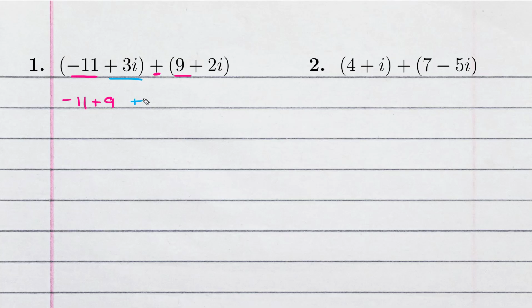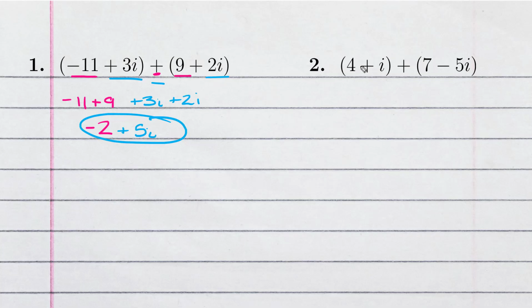Positive 3i plus 2i. And so when we do that, we end up with a negative 2 plus 5i. And we're done. That's the solution.